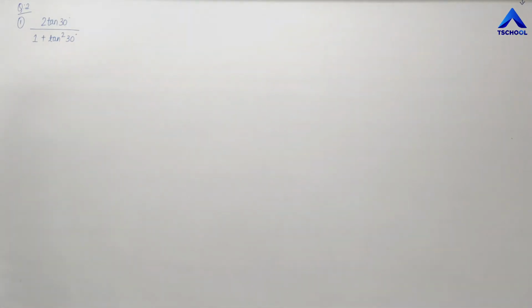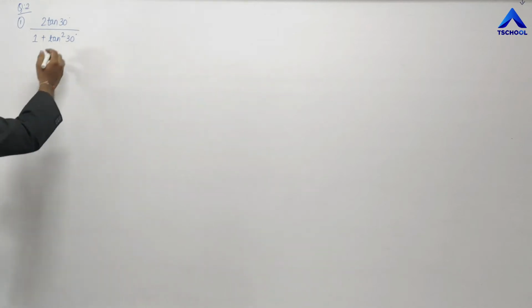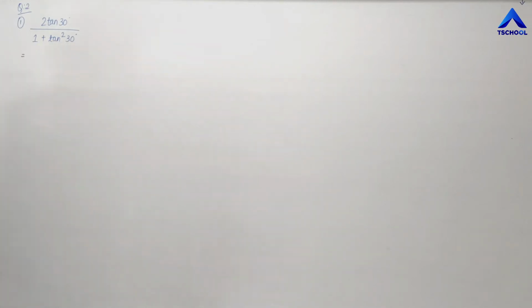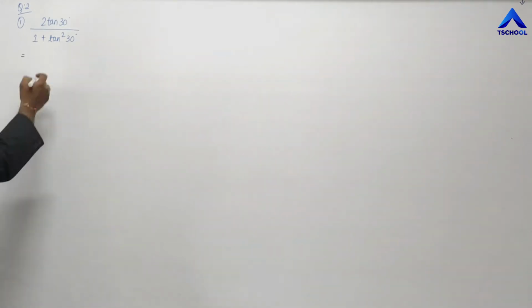You need to check out the answer. Which of the following answers are correct? There are 4 options given. You might have the textbook, so you can clearly see over there. Let us solve this. What is the value of tan 30? 1 upon root 3. Okay, good.